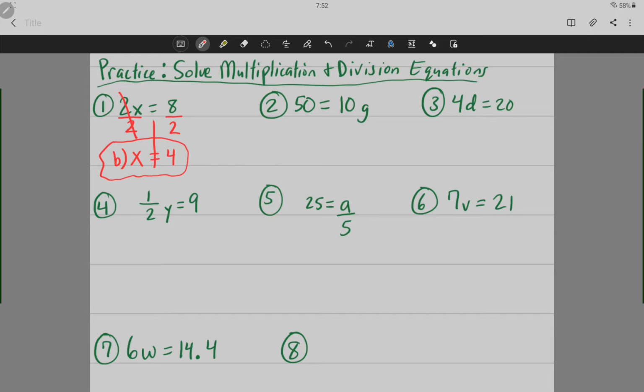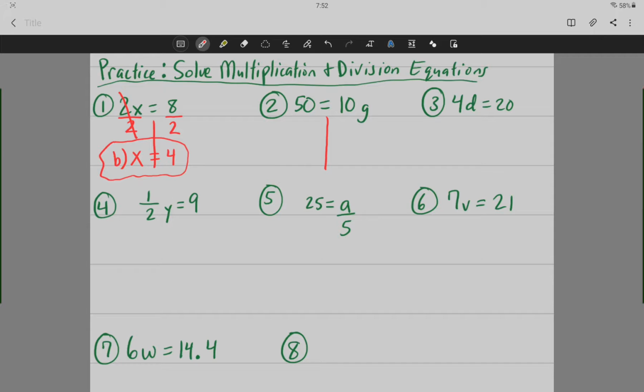Okay, number 2. Number 2 just says 50 equals 10g. So same idea. Don't get thrown off. So we do again, line. So we separate terms on the left side and terms on the right side.